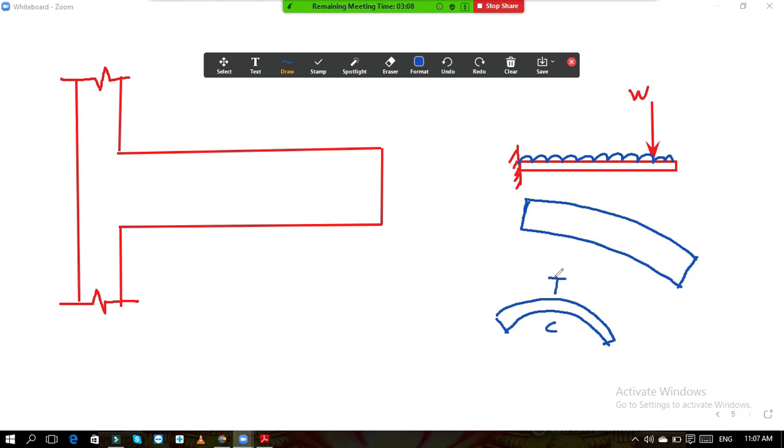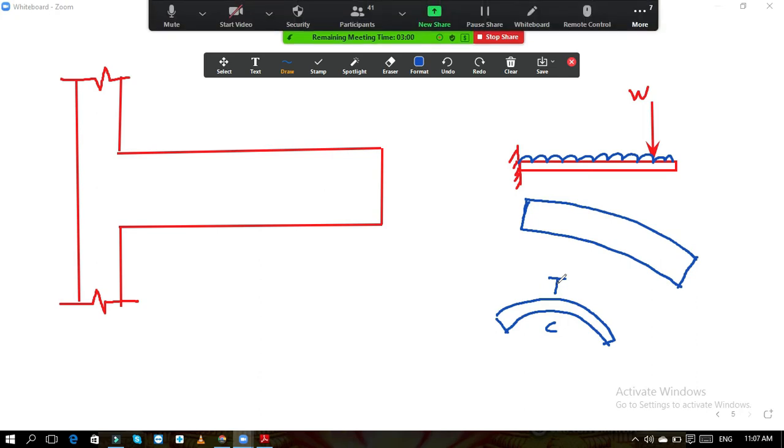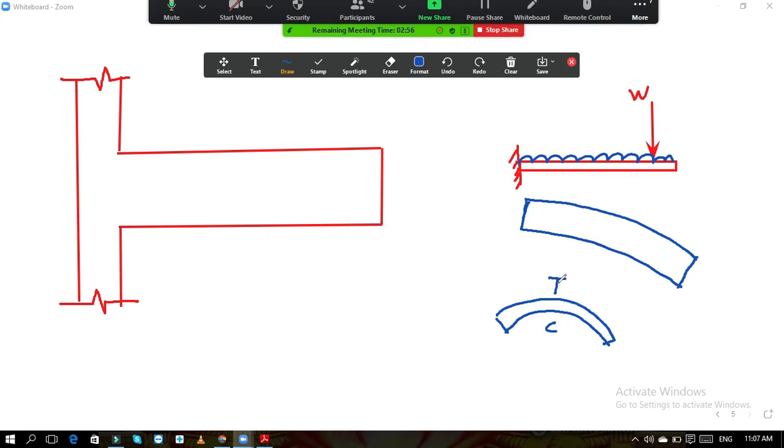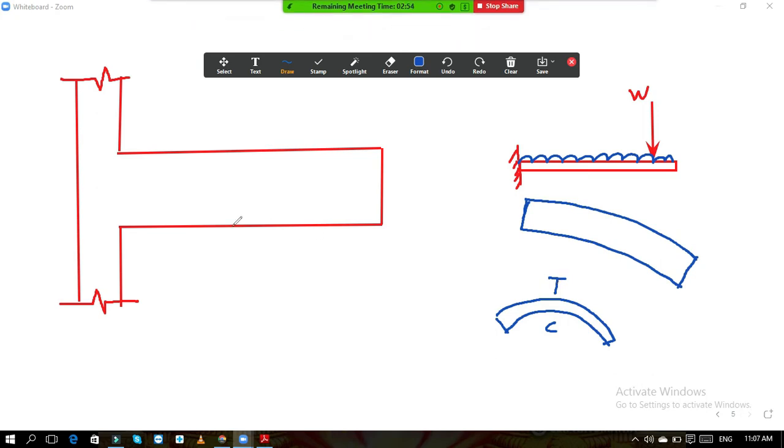So whenever tension is there, at whichever side tension is there, we always provide the steel to resist the tension. Concrete resists the compression. So now if we show the reinforcement details over here, then at the top tension is there, so we will show our bar at the top.